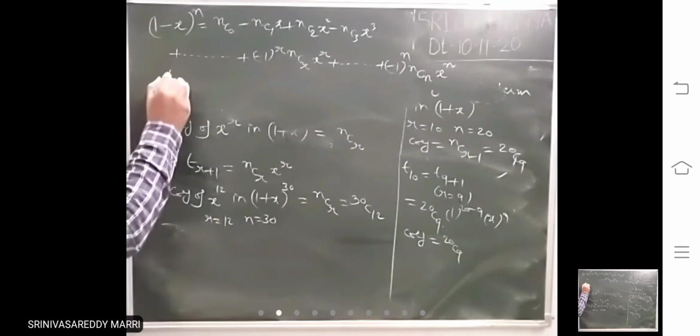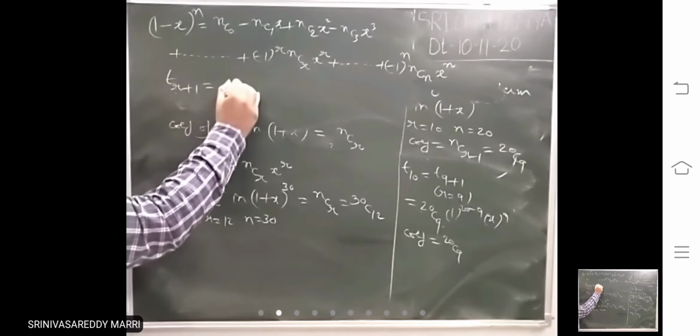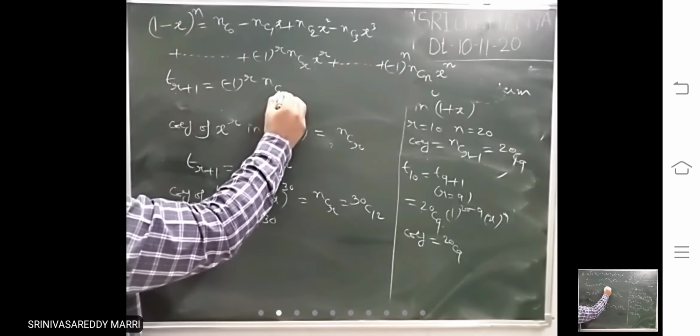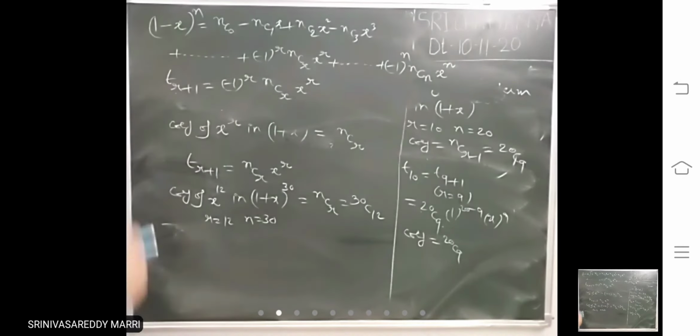Now the general term T(r+1) equals minus 1 whole power r into nCr into x power r. Just the same thing will be there, with minus 1 whole power r.